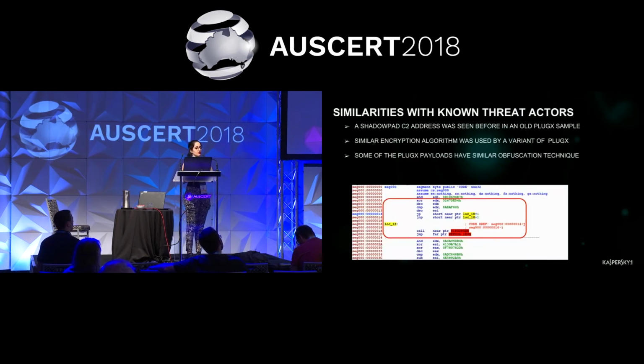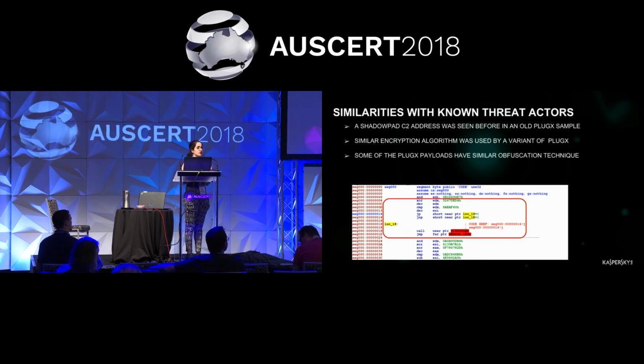So the last thing I want to share is who is behind these attacks. First of all, we are not yet 100% sure which threat actor is behind the attack, but we saw different similarities with the PlugX samples and Winnti samples. Initially, one of the C2 addresses of the NetSarang attack was used in a very old PlugX sample.